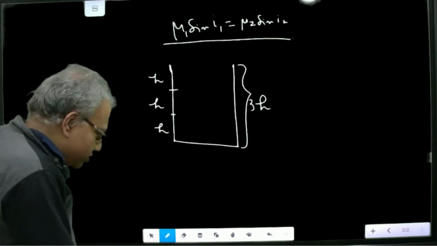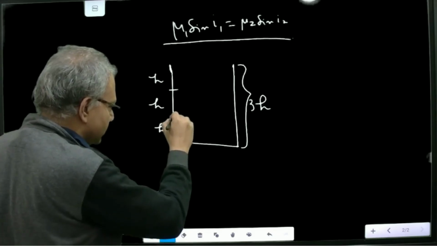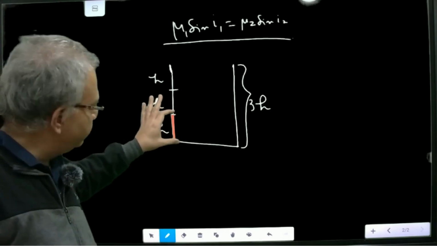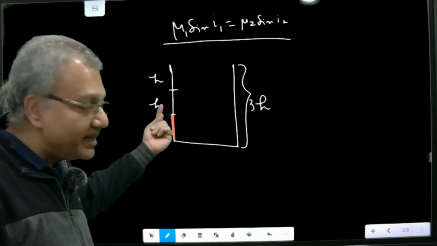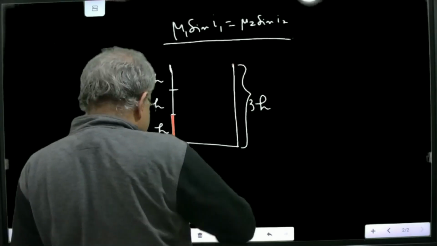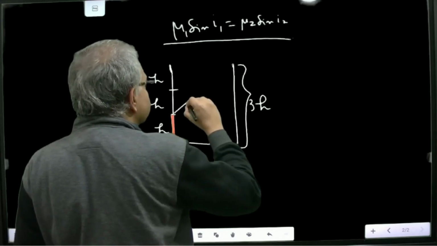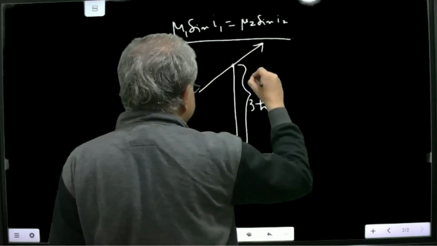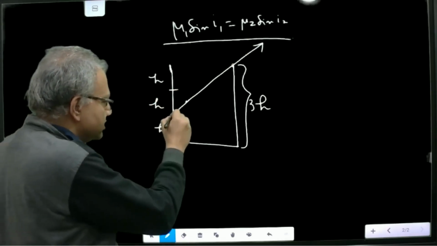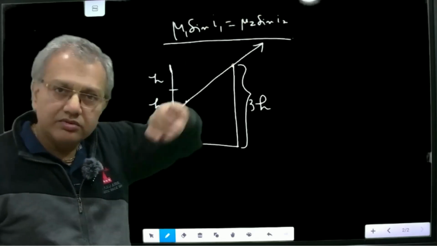Now see, if I place a rod-like structure here, a metal rod existing in the bottom, which is having a height h, just like this way it is existing, and from this position we can observe the top point of the rod in a straight line, because the light is coming from the top point of the rod, the red colored rod, traveling from here.